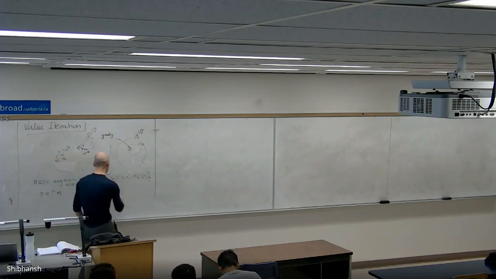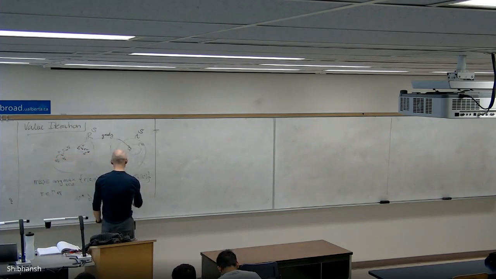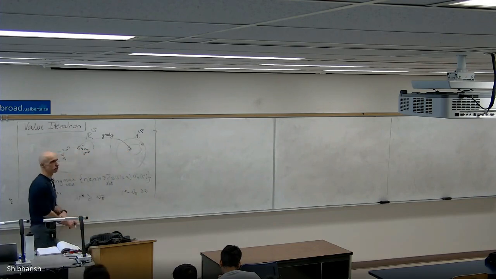So if I subtract v pi from V star, I get these non-negative values. And we want all these non-negative values to be small.